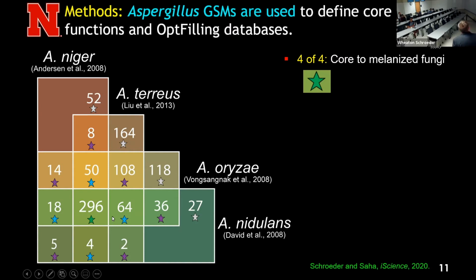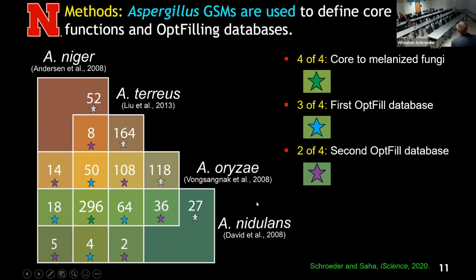So we looked at the overlap in functionalities between these different organisms, and we concluded that those functions that are a complete overlap between all 4 models would represent core functions to melanized fungal metabolism. We then took some of the agreement points, such as 3 out of 4 agreements, 2 out of 4, and 1 out of 4, to make a sequence of 3 different databases in order to apply and gap fill our particular model.